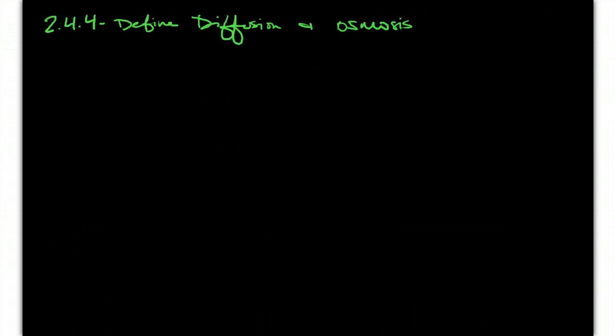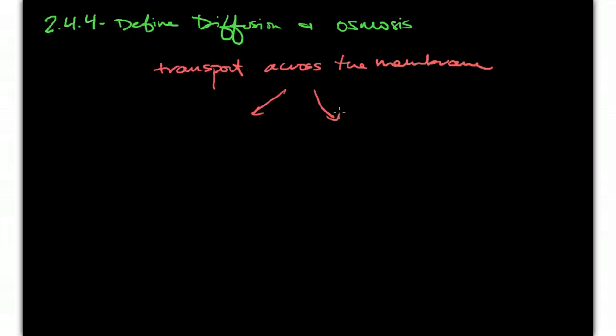Alright, so 2.4.4. Before we talk about diffusion and osmosis, just to recall, these are both about transporting things across the cell membrane, to get things in and out of the cell. There are two ways that we do that. The first that we're going to talk about is passive transport, and then there's active transport.